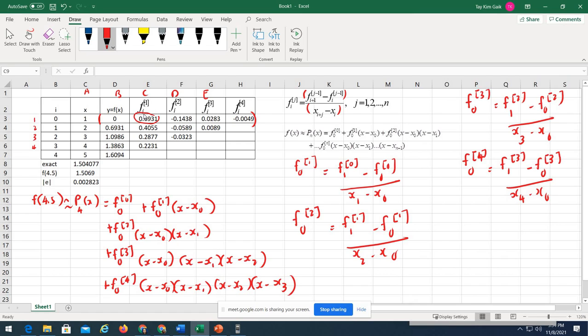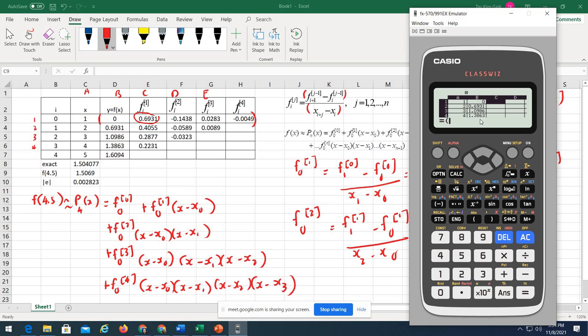Exactly, it will be F10, which in the calculator is B2. This is B2 minus B1. And the X1 is actually A2 minus A1. So you can see, in Excel you just go to that cell and click it, but in the spreadsheet in the calculator, you cannot click. You have to key in to refer to that cell.